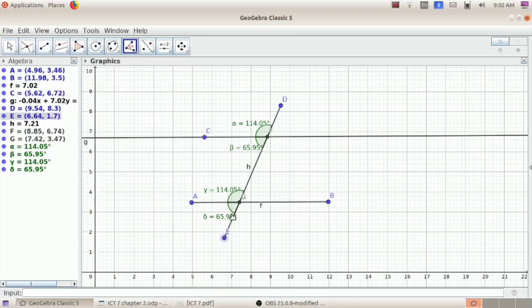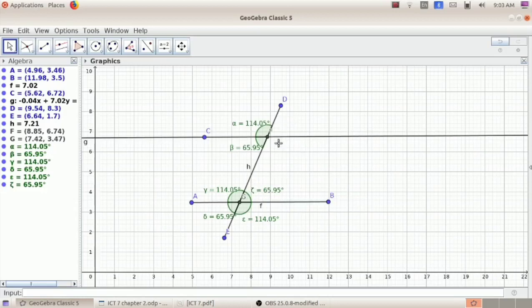So E, G, B. I got that angle. Then for this angle, click on B, G, D. Again I am using the move tool to move the labels to the correct position so that it is clearly visible.